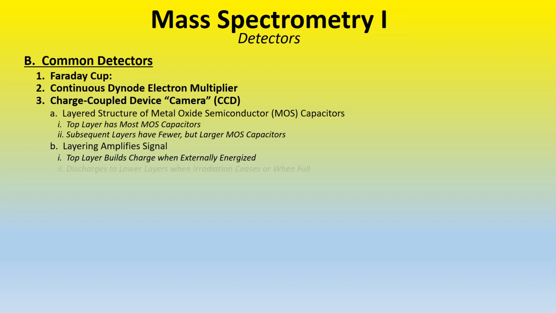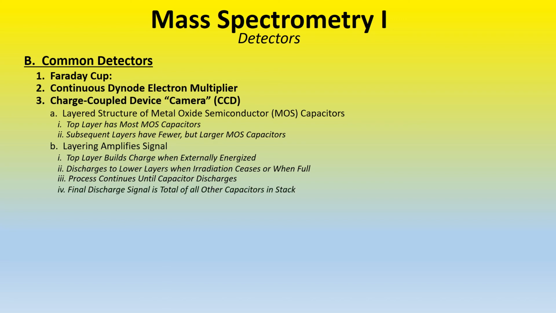These small top layer capacitors discharge to the lower layers either when the irradiation stops or when they become full. The process continues until all the capacitors discharge, where the final discharge signal is the total of all of the other capacitors in the same stack and is greatly amplified.